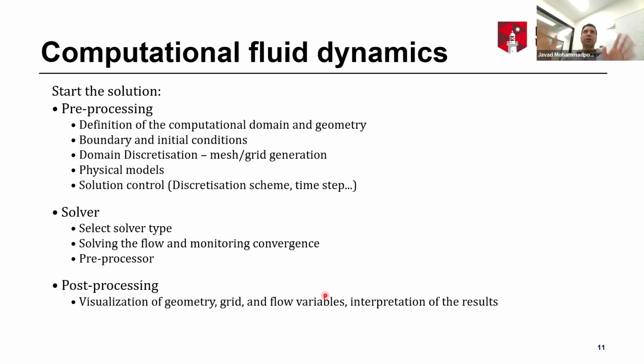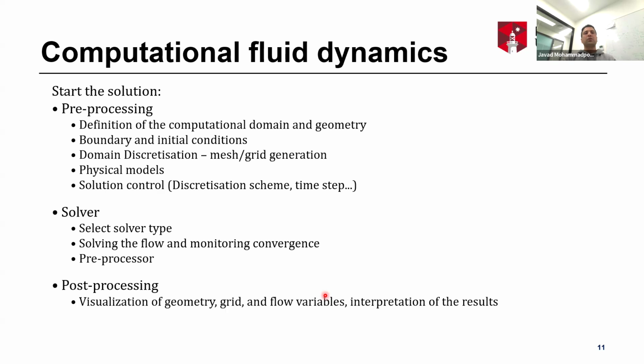For example, we are considering a window, a cooler, and an open door in our computational domain. Then you need to discretize your domain through mesh and grid generation. I will explain the meshing in the next slide. Don't worry, we need to discretize and divide our computational domain into very tiny, small cells.